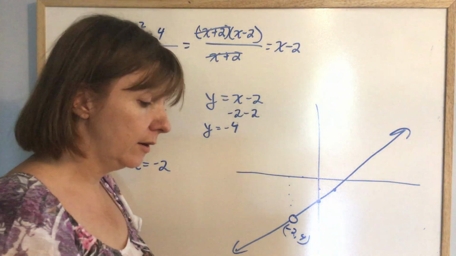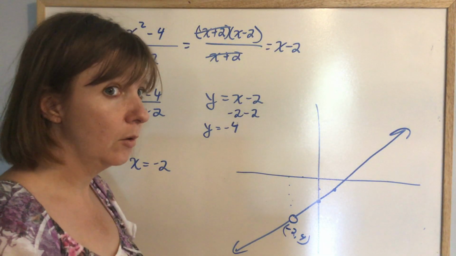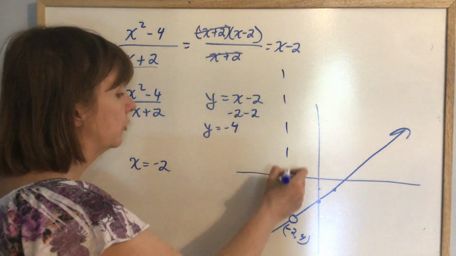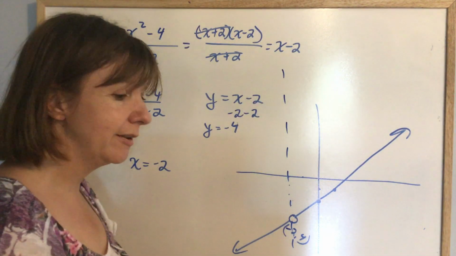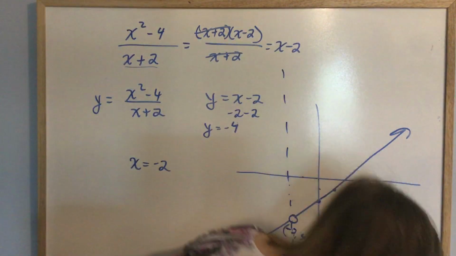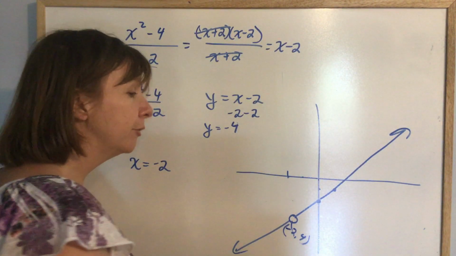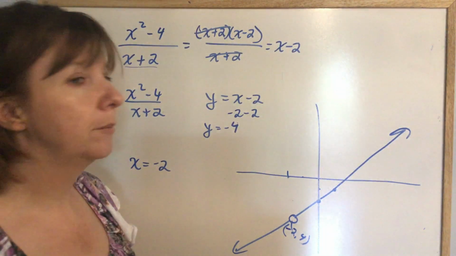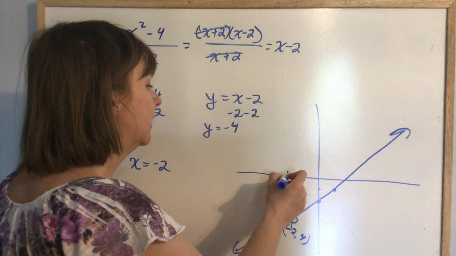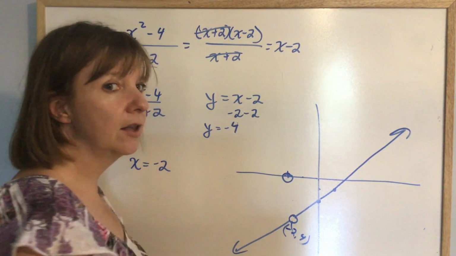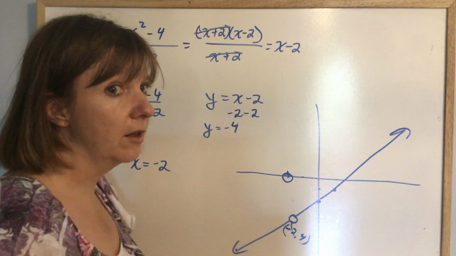What I was finding on a test was a couple of different things. Some people tried to put a vertical asymptote through it. No, there's no asymptote there. The other thing that I found kind of funny that people did was here at -2, they put the open circle here. But that's not on the line.